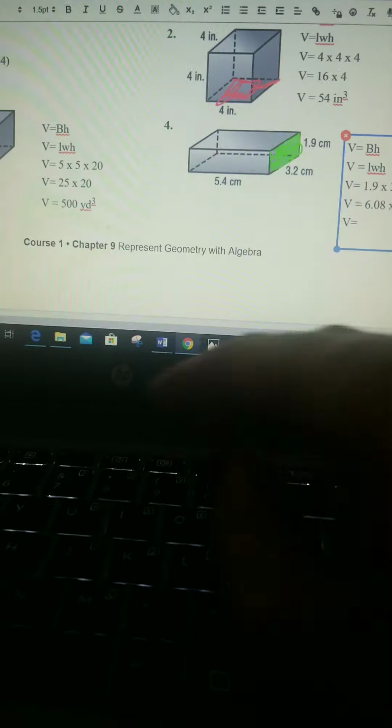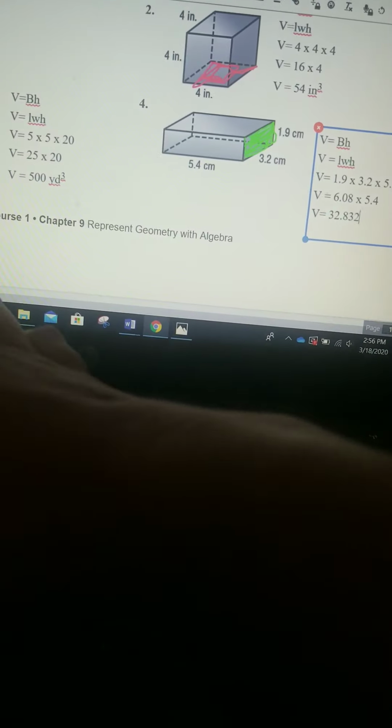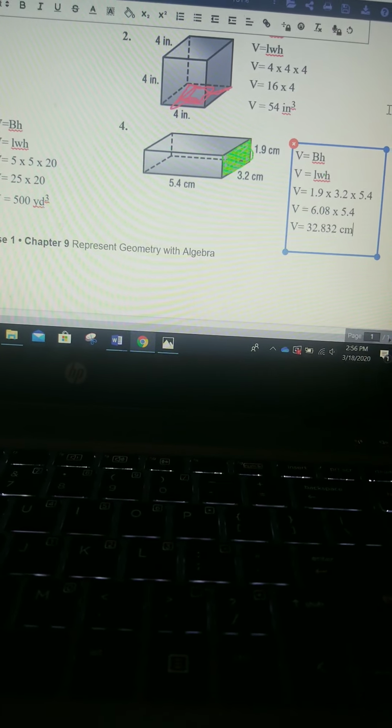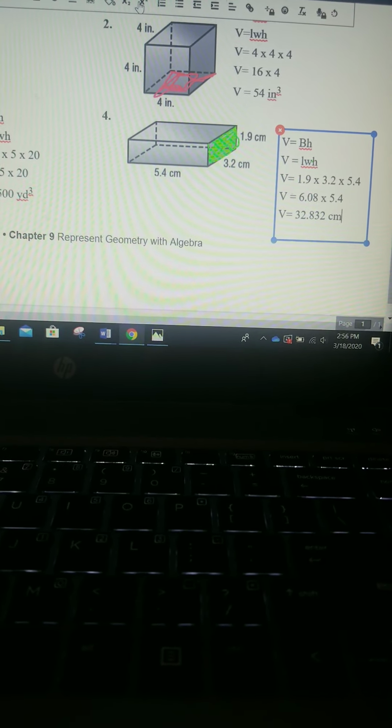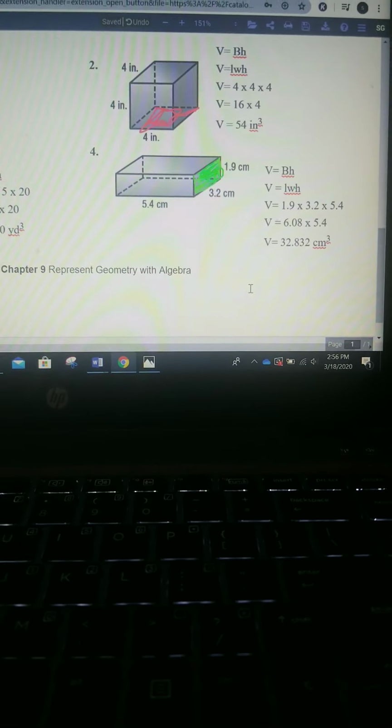So the volume of this prism is 32.832 centimeters cubed. And that's how you do volume of rectangular prisms.